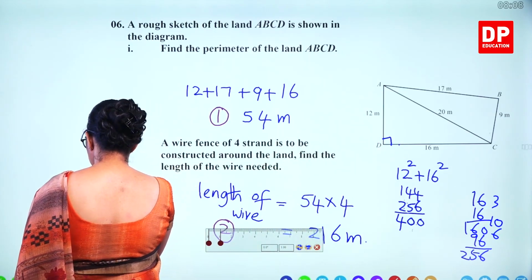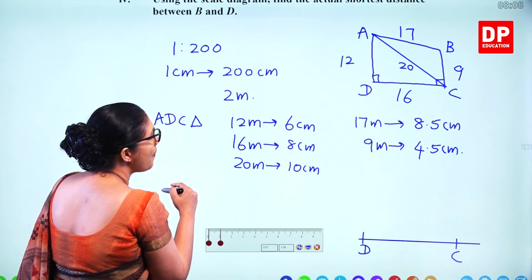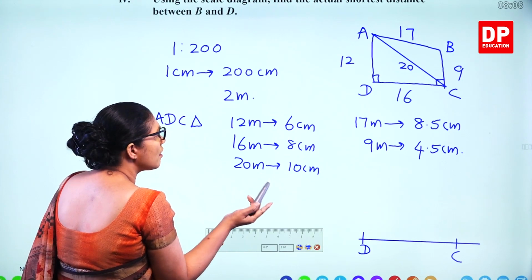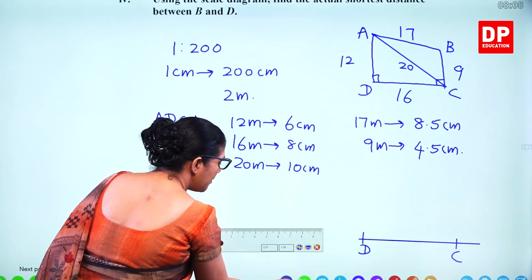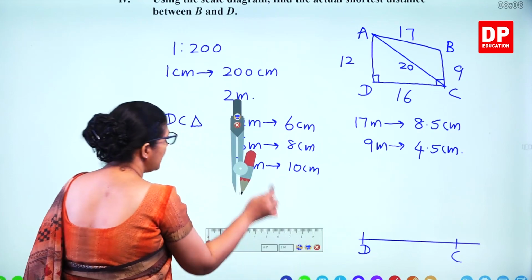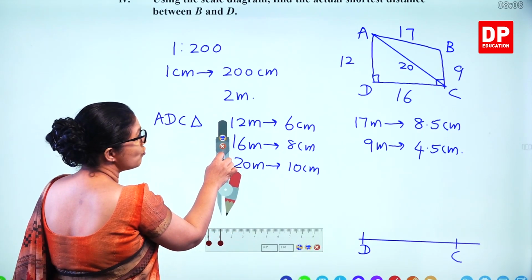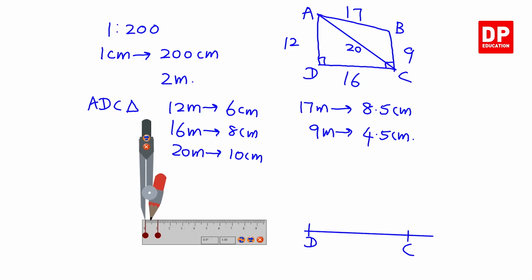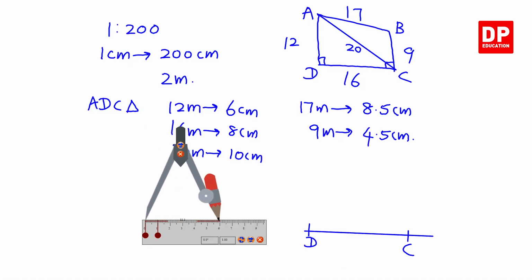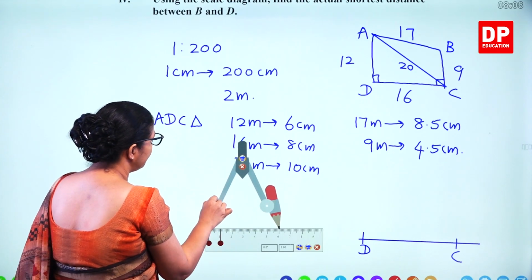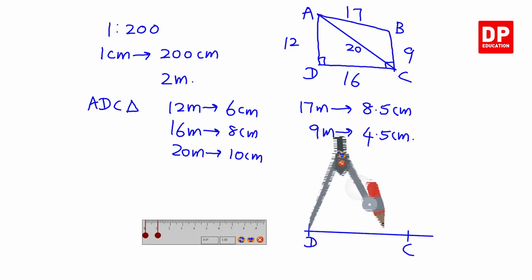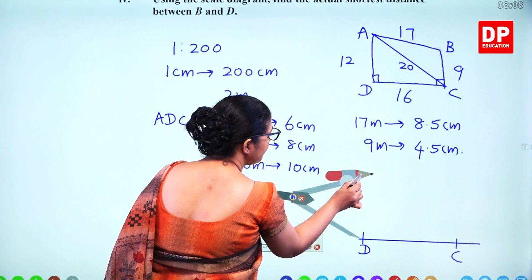So we'll take the diagram. We can take the compass, and when you draw it, automatically you get 90 degrees. Let's do that. So 12 means 6 centimeters. So we'll take here 6.